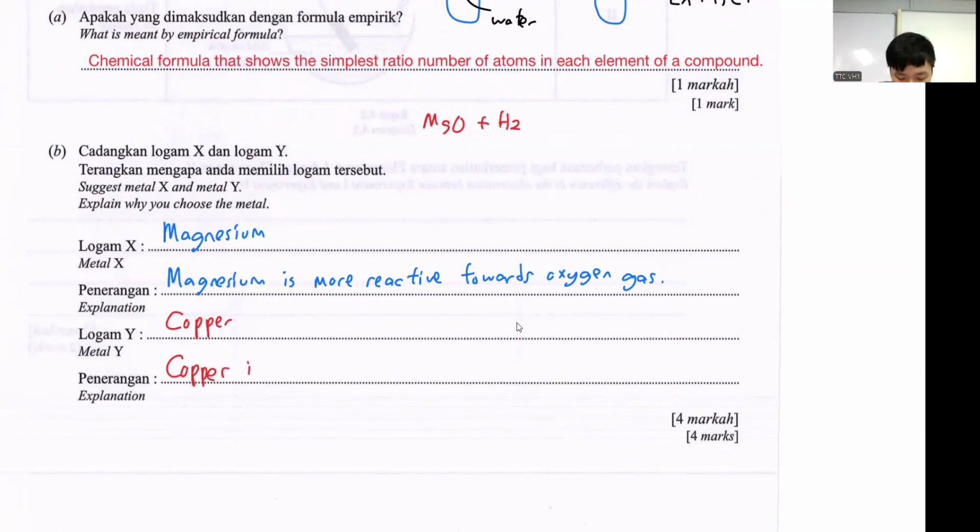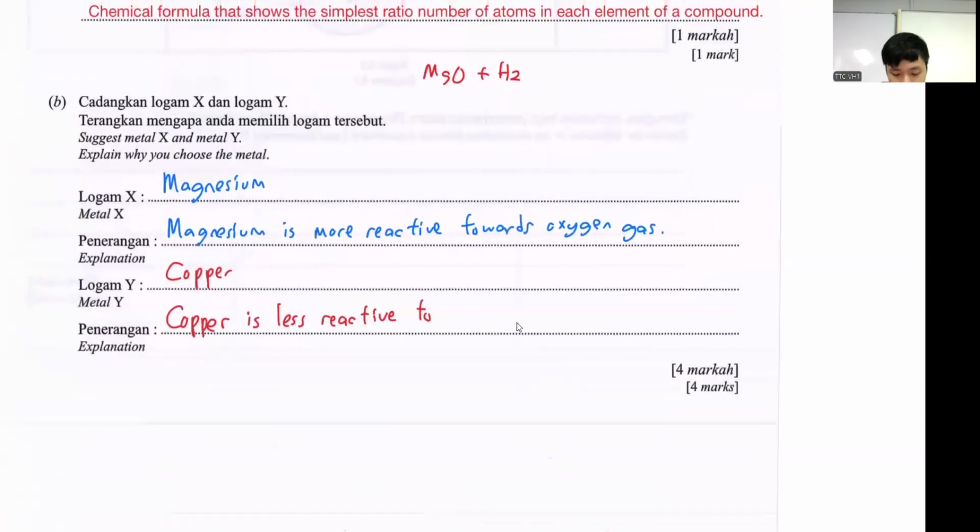So copper is less reactive than hydrogen, so that hydrogen can remove the O away, become H2O.